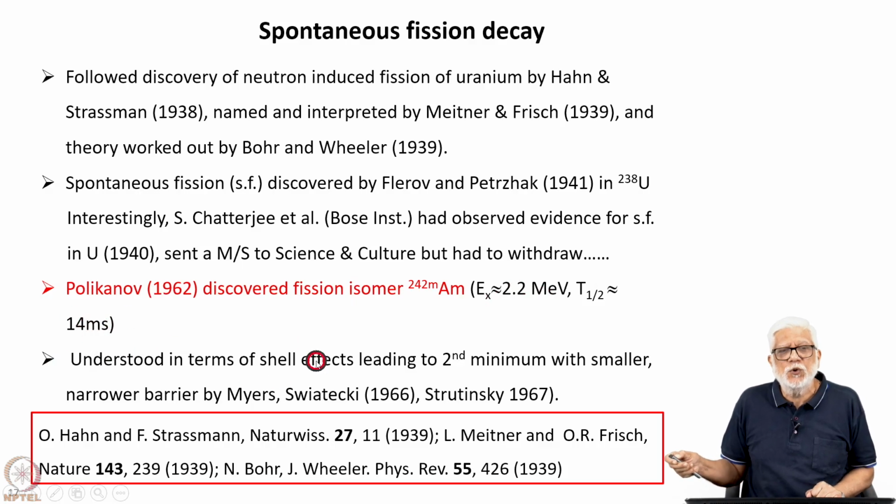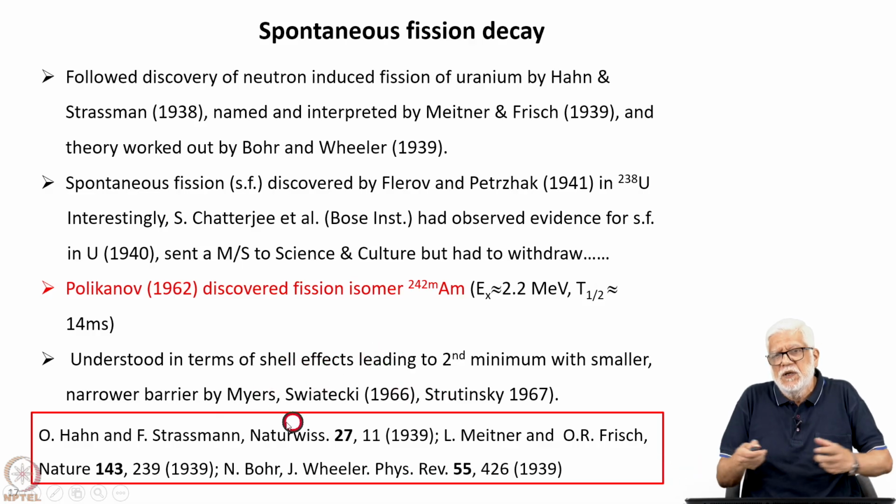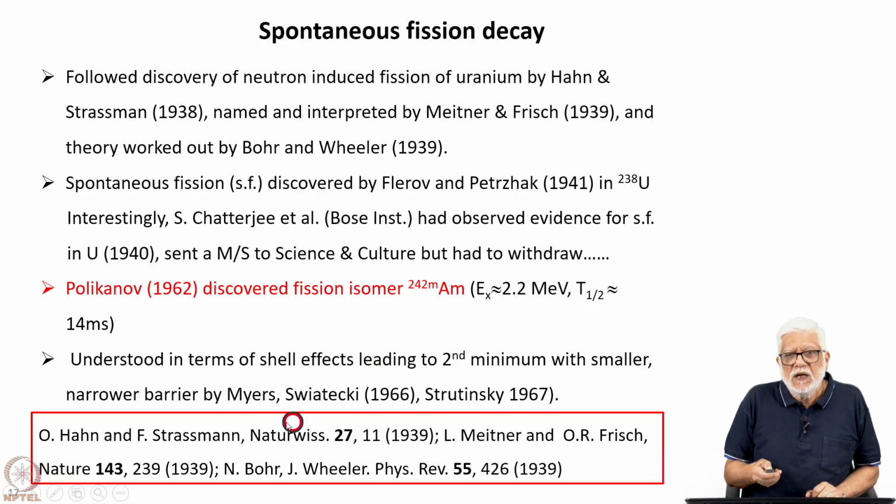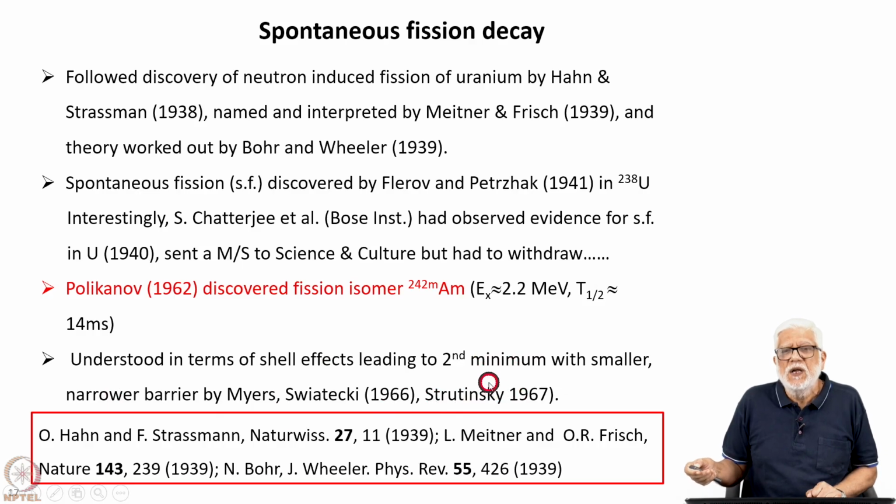So, this was understood in terms of shell effect leading to a second minimum in the potential energy versus deformation parameter, and this was understood within the work of Strutinsky mainly because he had a liquid drop plus shell model approach, and that was accurate to a few MeV, and he showed that this is possible. And then of course subsequently, there was also work by Myers and Swiatecki and so on.